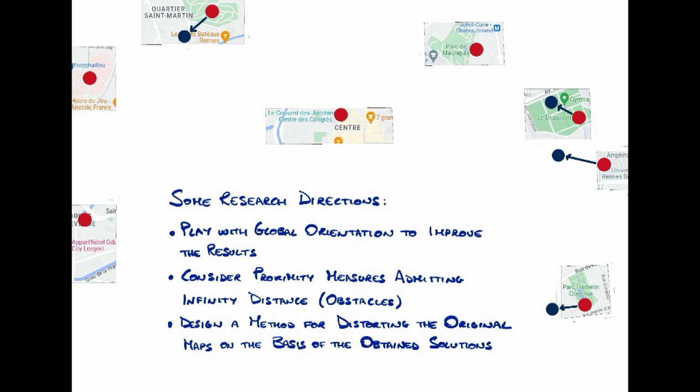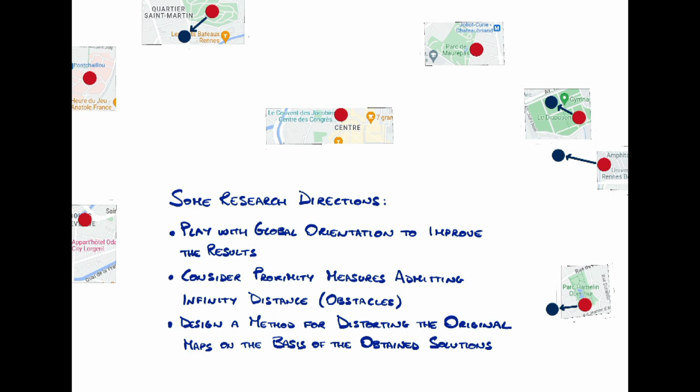But we found out that there can be some situations where our quadrants degenerate or become too small. In this case, our model, the linear program, is too constrained. So some of the points of interest are not free enough to move.